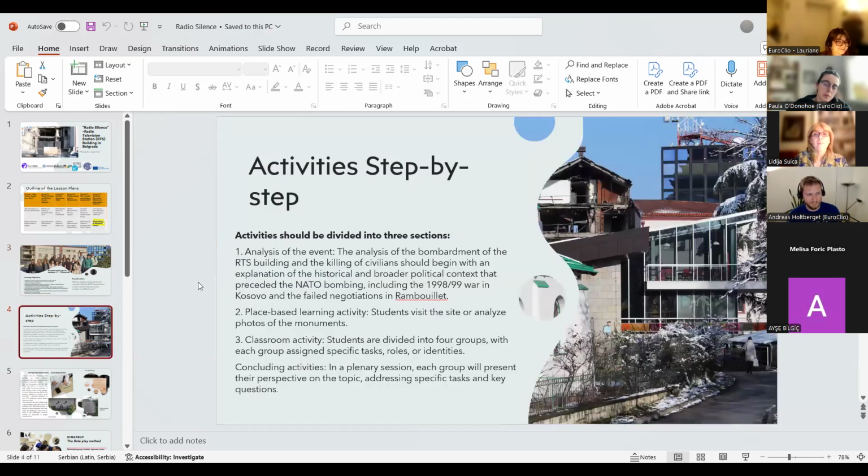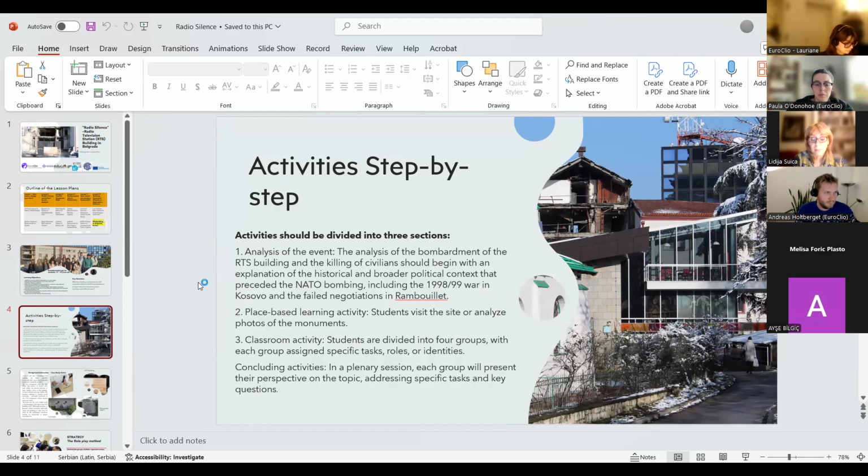So on this slide, you can see the activities that were envisioned for this lesson plan. They were divided into 3 main sections, so to say. A place-based learning activity, which you just saw on the previous slide.